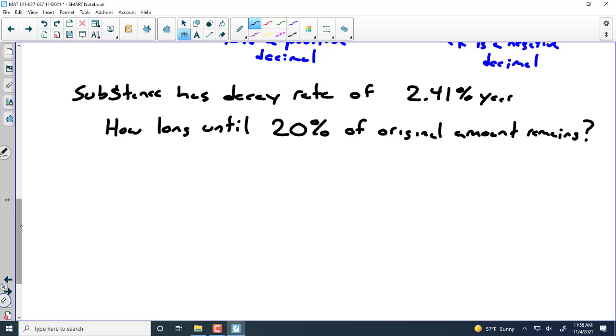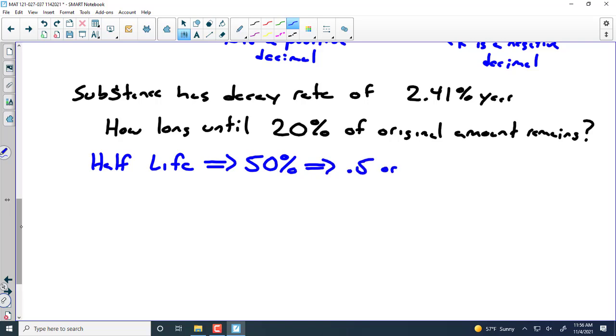Well, class, half-life was 50%, which was 0.5 or 1/2 that we used. So, if they tell us 20%, how do you write 20% as a decimal or a reduced fraction?